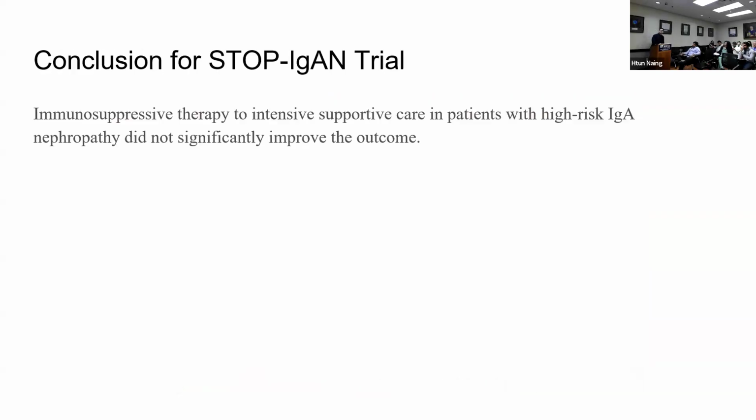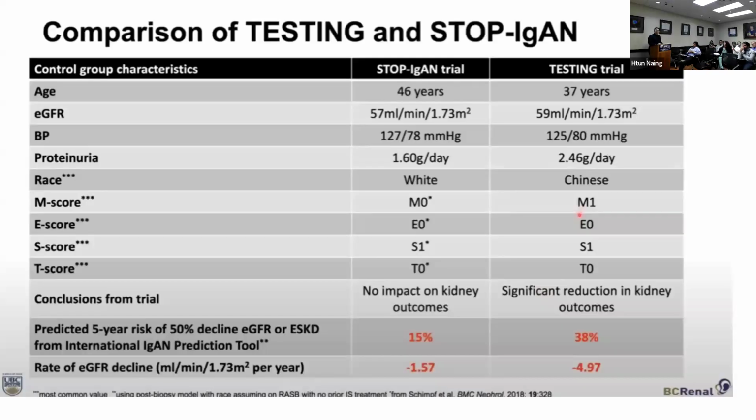But the conclusion for the STOP-IgA trial is that immunosuppressive therapy might not have an extra effect on the renal outcome. So this contradicts the TESTING trial. Why? In the comparison between TESTING and STOP-IgA, the patients in TESTING are younger with a similar GFR, and blood pressure is controlled. Proteinuria is significantly higher in the TESTING trial.